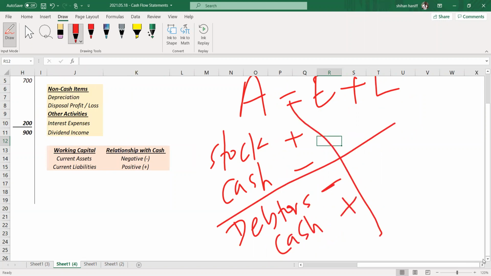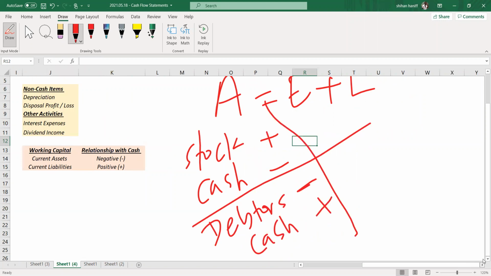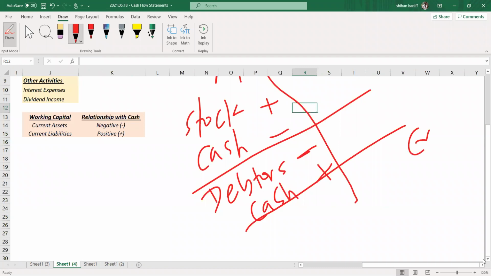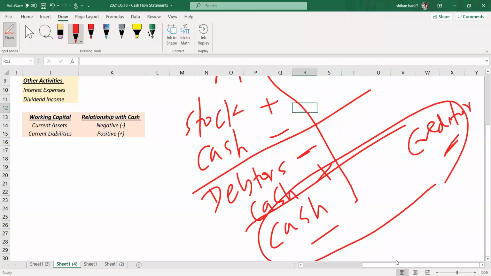But if you take liabilities, creditors decrease means what happened to the cash? Cash also decreases because you pay for the creditors. So liabilities having a positive relationship. Minus means minus, plus means plus.